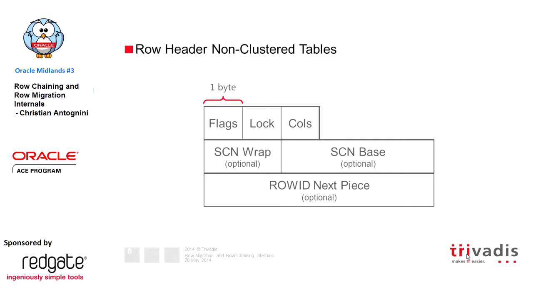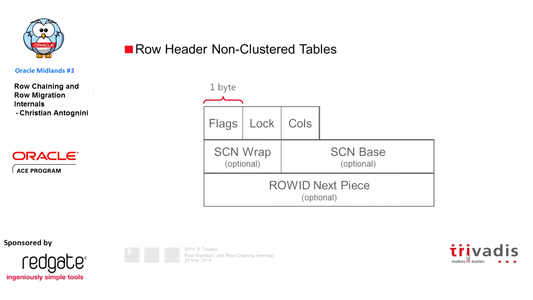Since we have 1 byte, we can store in one row at most 255 columns. Okay, and we will see later on why this limitation is important. It's important because in an Oracle database you can define 1,000 columns per row, but at the physical level you can store only 255.